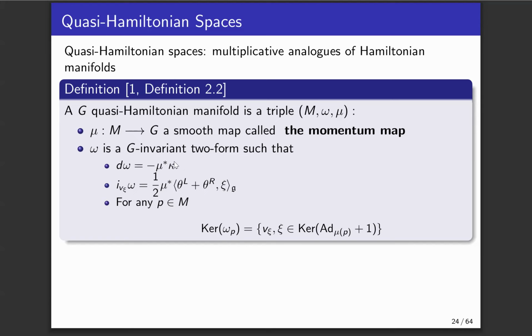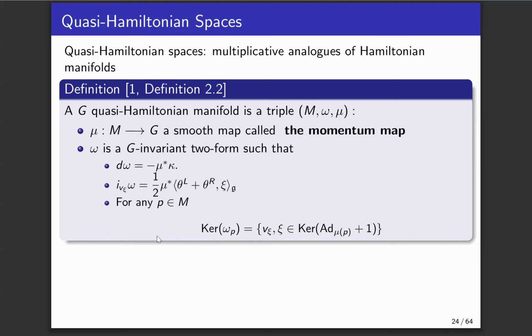It's only the pullback of this three-form kappa by the momentum map. And also, in the Hamiltonian case, the two-form omega is non-degenerate, which is not the case in the quasi-Hamiltonian manifolds. The two-form omega is not necessarily non-degenerate.